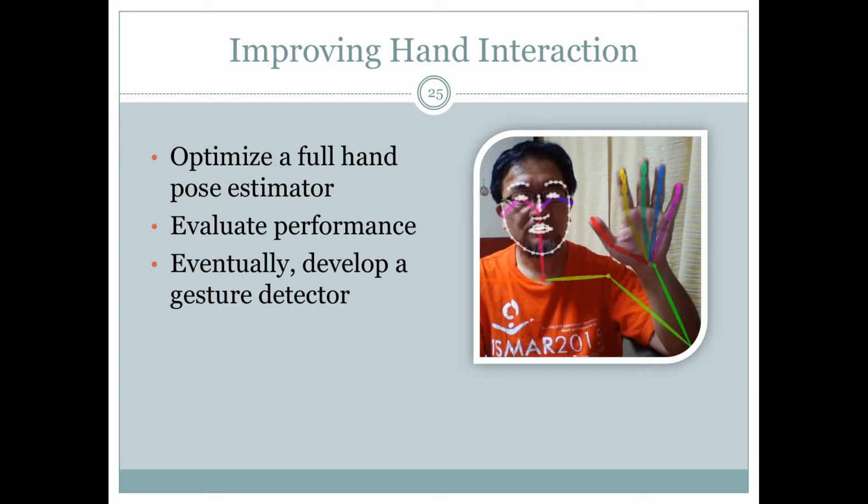If 26 degrees of freedom are too many, it is possible to see if we can use a simplified kinematic model and see if it is possible to achieve good enough performance. And if we see that the performance is still too low to be used for augmented reality systems, then we will back up on a gesture detector.